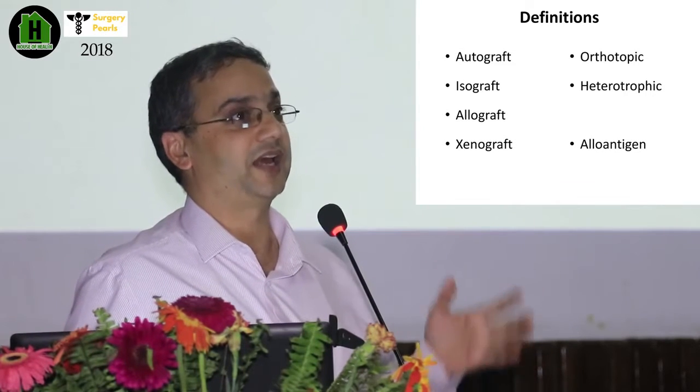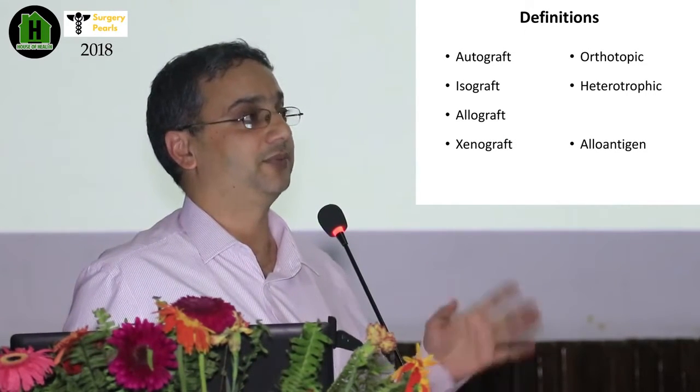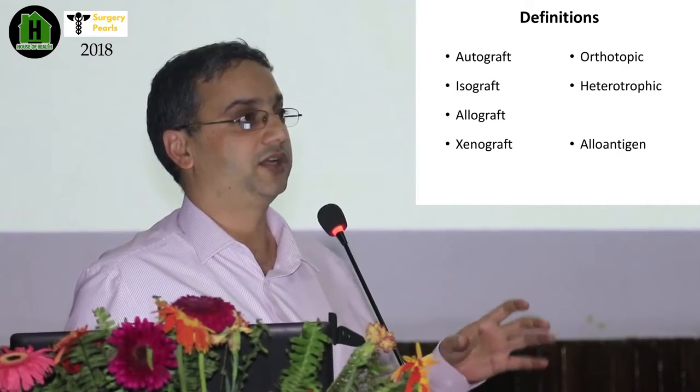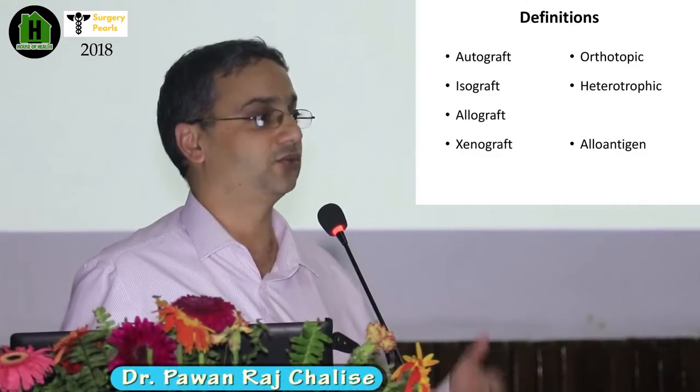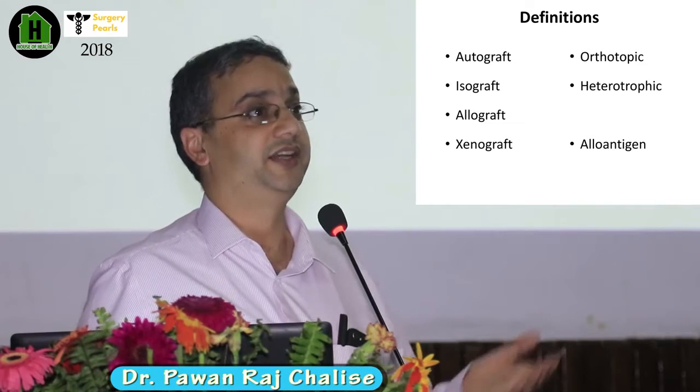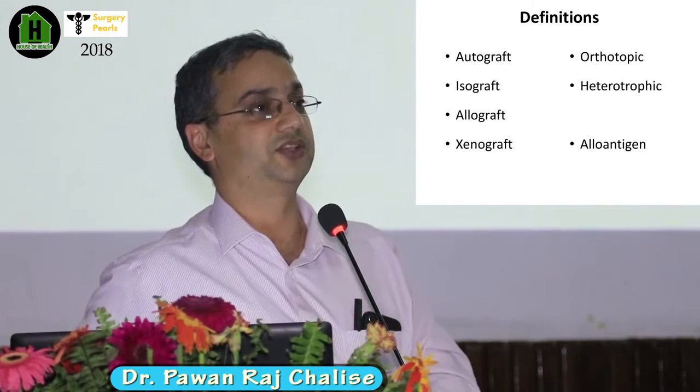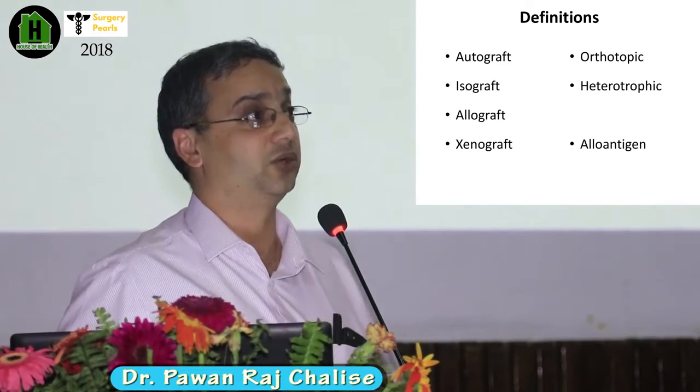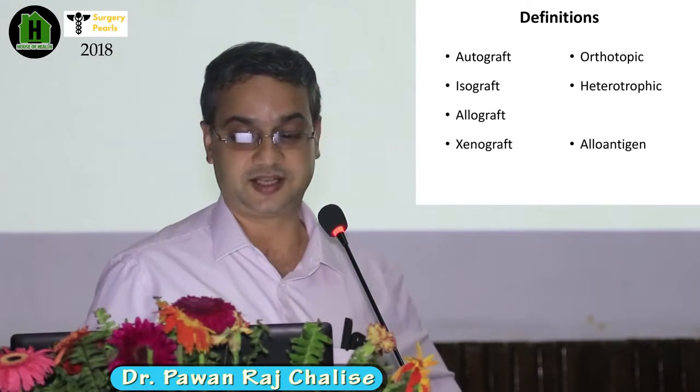You should also know what an orthotopic transplant and a heterotopic transplant are, because these are different. When you put the organ in the same anatomical space, it is called orthotopic. In liver transplant, the liver is kept at the same anatomical place, so it is orthotopic. But the kidney, you keep somewhere else, in the retroperitoneal area, in the inguinal region. So it is considered heterotopic.